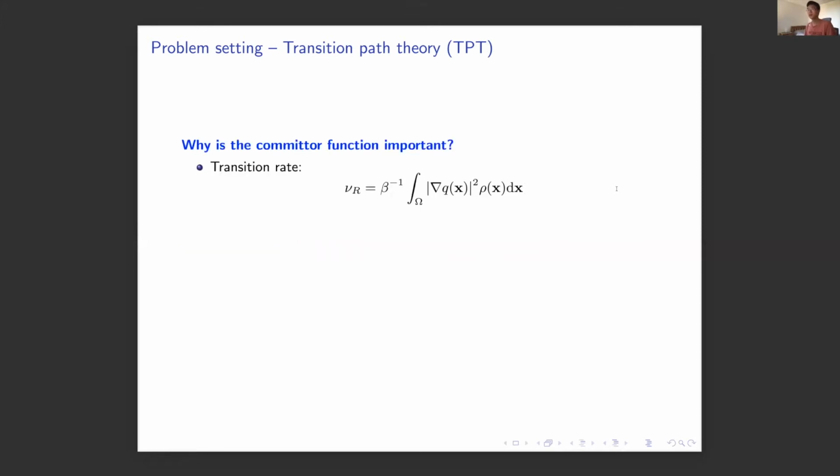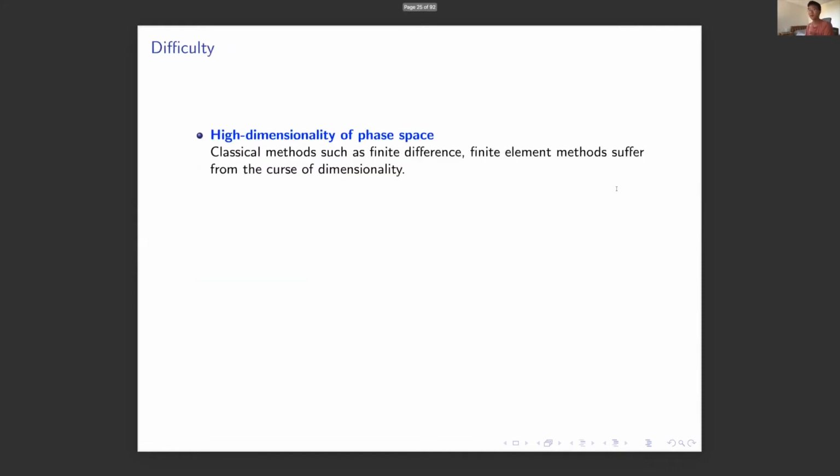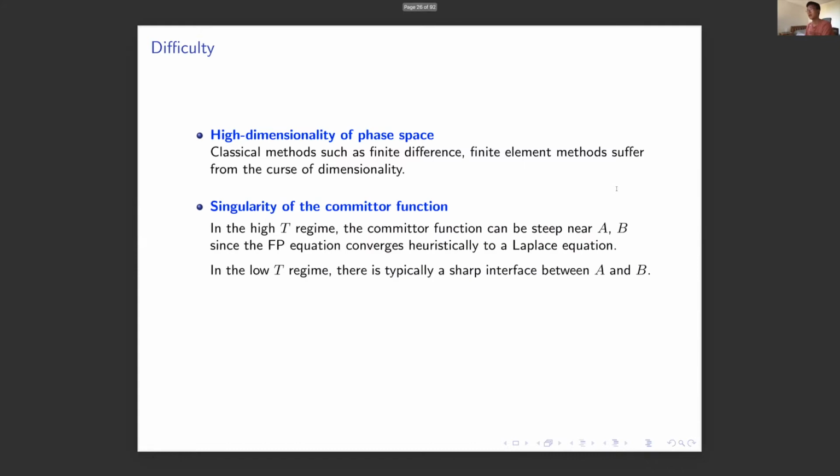The committor function is important because by the committor function, we can calculate the transition rate, the probability density of reactive trajectories, and the reactive current, and so on. There are some difficulties in calculating the committor function. For example, the phase space can have very high dimensionality, and the committor function has singularities.